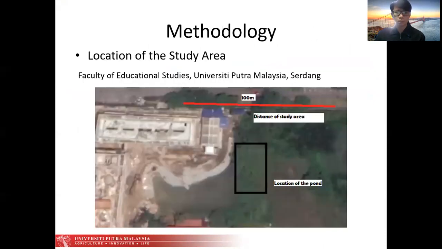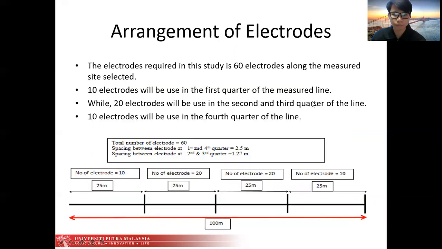For my method, this is the location of my study area, which is at the Faculty of Educational Studies. The red line here is my study area, which is only 100 meters, and this black box over here is the location of the pond. This is my arrangement of electrodes, which is divided into four quarters of line.